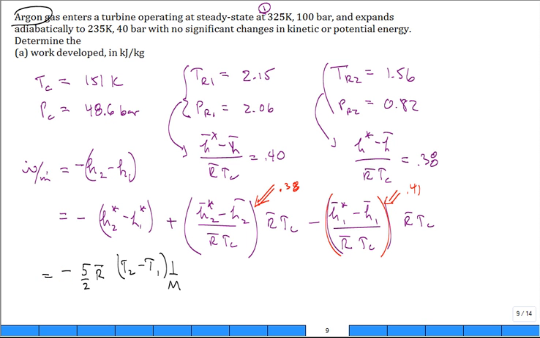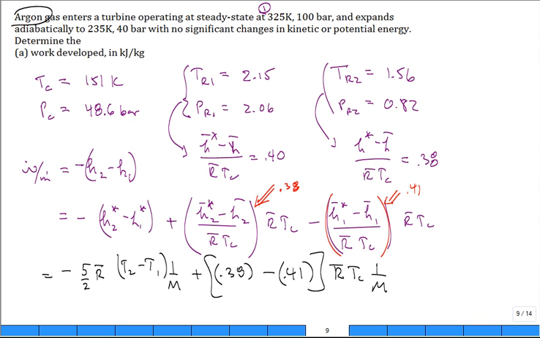All right. And then you have plus this coefficient, and then you have minus this coefficient, 41, multiplied by R bar, critical temperature, and if you want it on a unit mass basis, divide by the molar mass.